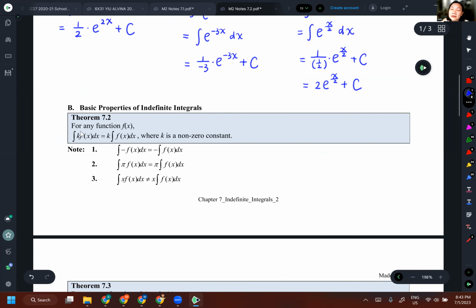Now, this is to say that in integration, just as in differentiation, you can take out the coefficient when needed. The reason is because in differentiation, you can take out k, remember? You have k times f, but you can take out k.